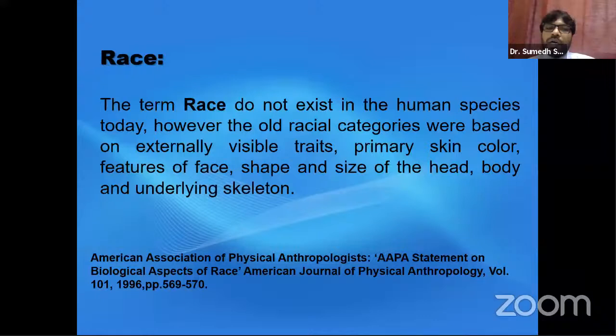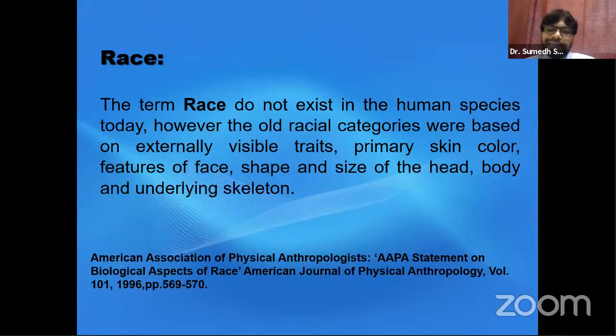It should be in the form of ethnic origin. So what is this ethnic origin? These are nothing but culturally or geographically isolated groups of people or populations. Race leads to racism. Hence, the term race does not exist in today's world.